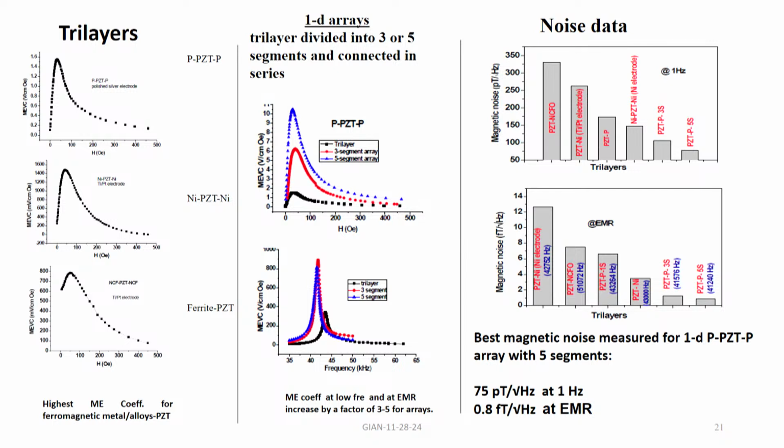Okay, that is permandur PCT, nickel PCT and nickel zinc ferrite PCT. And what we did was, we made a long tri-layer of PCT with permandur on top and bottom, right. What you can do is, the long PCT, you can divide that into 5 different elements.